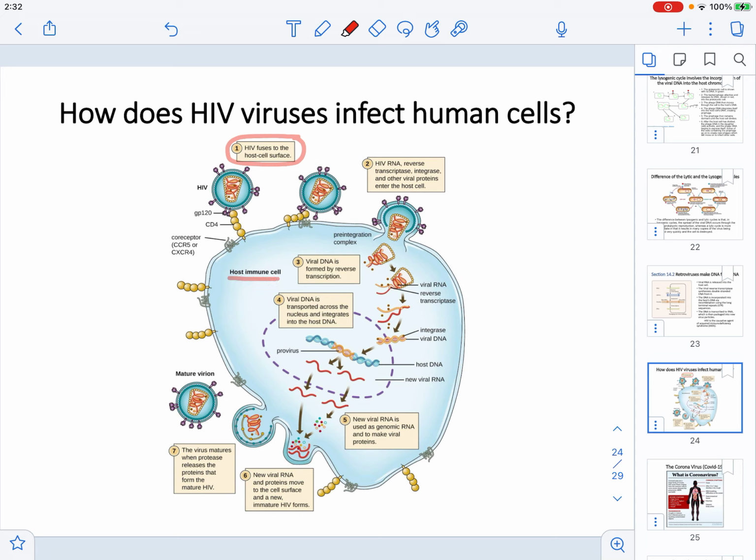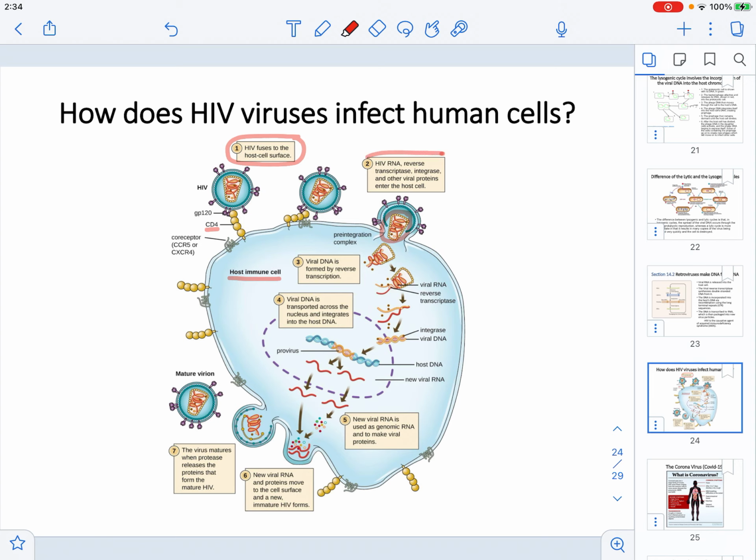The immune cell is identified by the virus through a protein called CD4. Then this retrovirus, HIV RNA, reverse transcriptase, integrase, and other viral proteins are going to enter the host cell, and everything is being delivered at this moment.